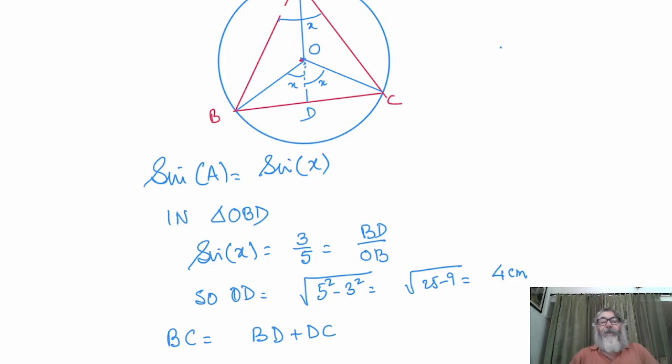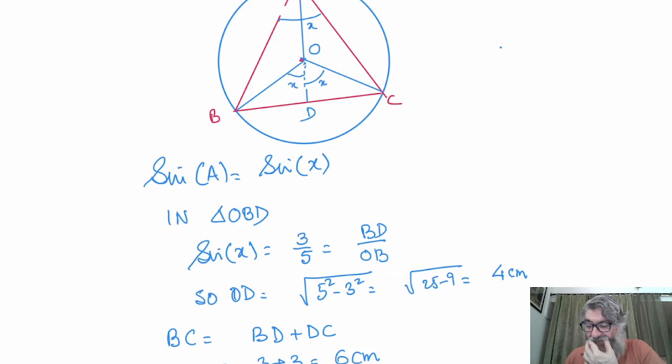OD is perpendicular to BC, so OD bisects BC into two halves. BD is equal to DC. We already know BD: sine X, 3 upon 5, is equal to BD upon OB. So BD is 3, and 3 plus 3 gives 6 centimeter.